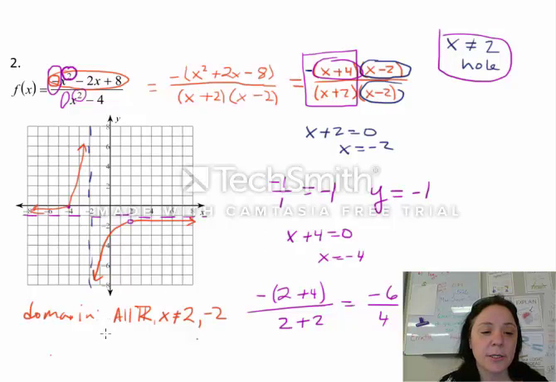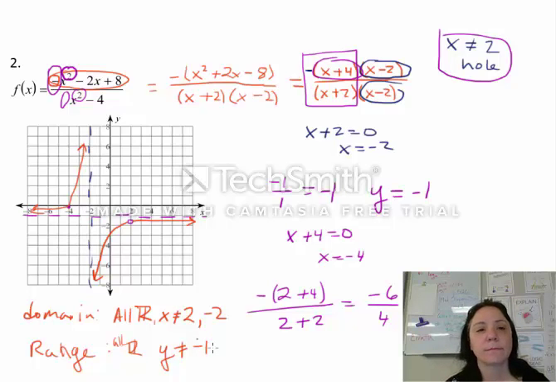And our range is all real numbers except where we have our horizontal asymptote. So it's all real y not equal to negative 1. And we have a fully sketched graph.